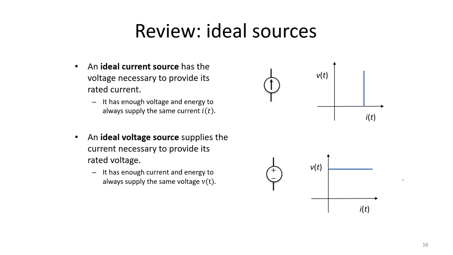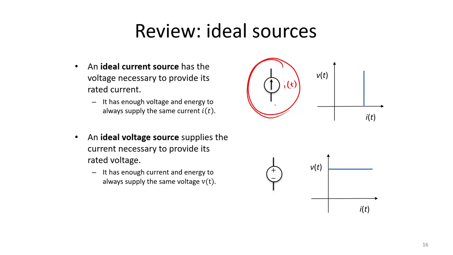And we learned how an ideal current source can basically provide infinitely high energy so that it will always supply the exact current specified. An ideal current source will always give you the specified current no matter what is attached to it, no matter how high of a current you're asking it to provide.